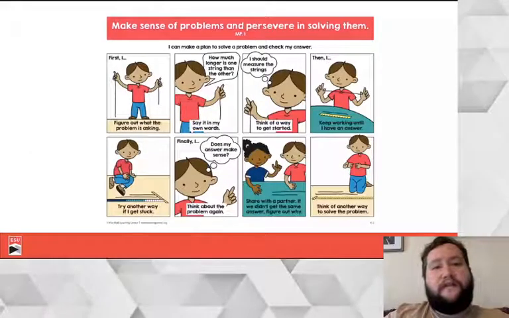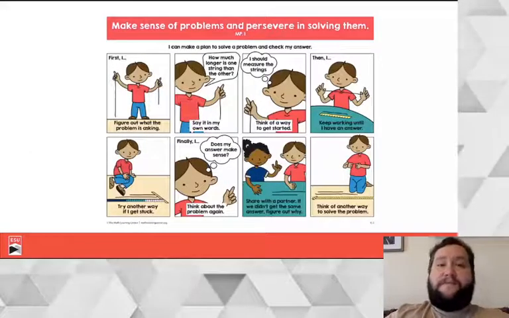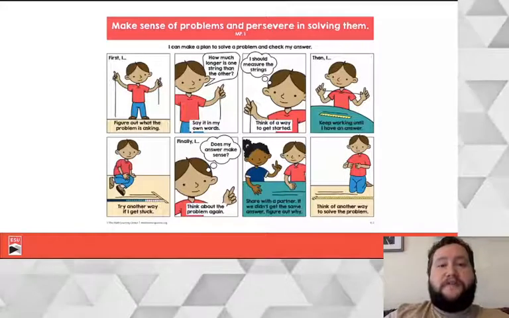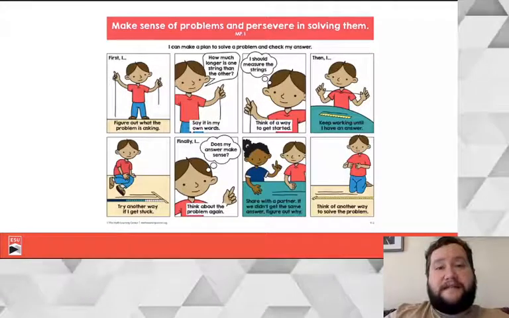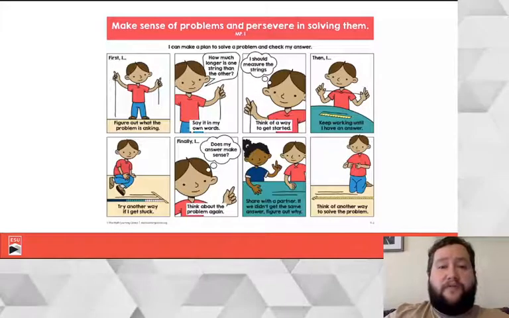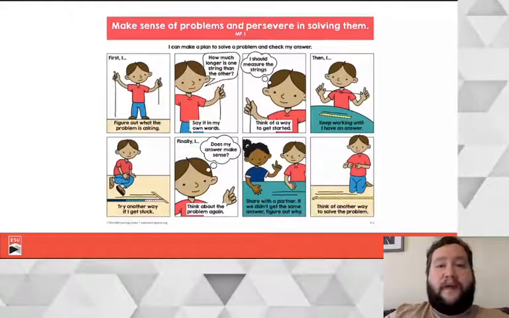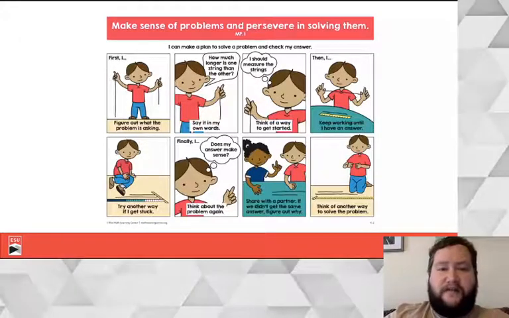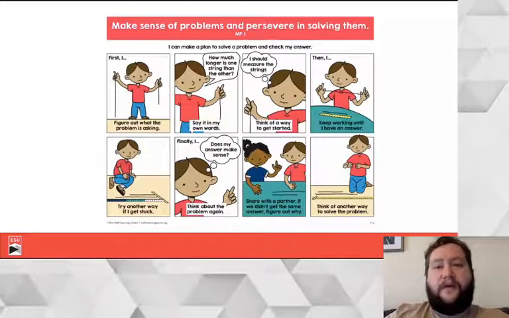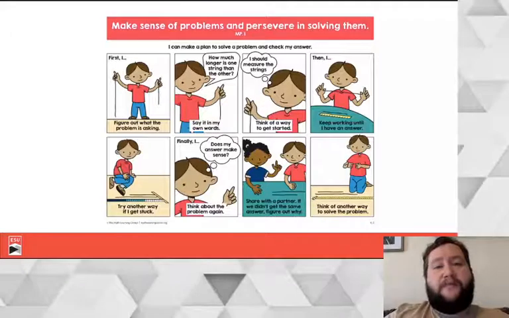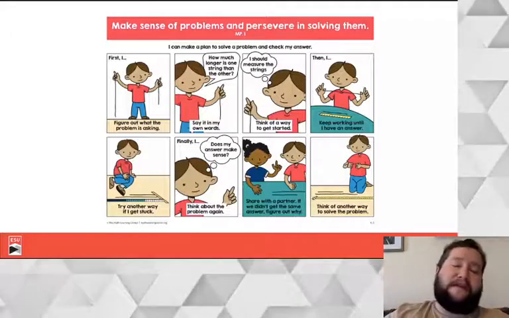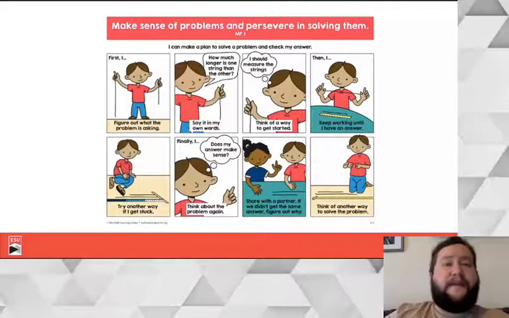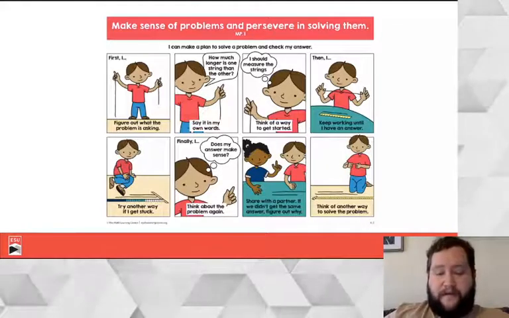The first is we make sense of problems and persevere in problem solving. So we figure out what the problem's asking, maybe we put it into our own words, and then we try a way to start, and then if we get stuck, we try again. If we get stuck, we try again, and so we keep going and going, and we figure out how it is that we get to our solution. So we make sense of problems and we persevere in problem solving.